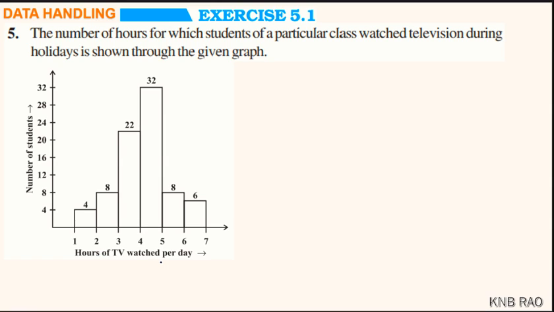Hours of TV watched per day is given on the horizontal axis, where 1 hour to 2 hours, 4 students, 2 hours to 3 hours, 8 students, 3 hours to 4 hours, 22 students, 4 to 5 hours, 32 students, 5 to 6 hours, 8 students, 6 to 7 hours, 6 students are watching per day.